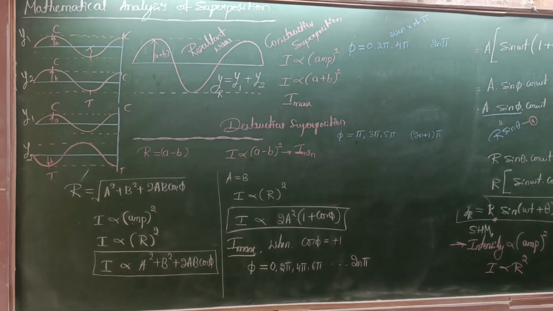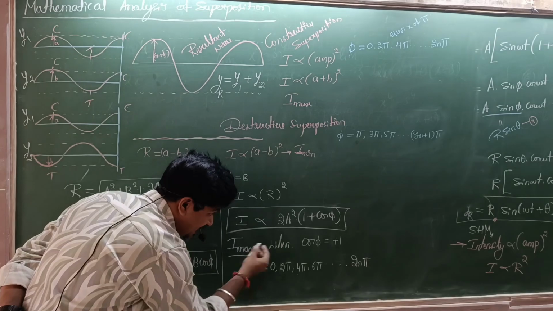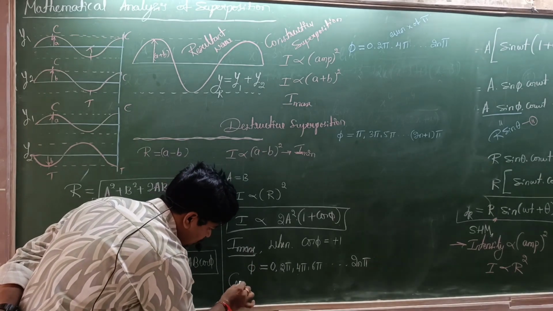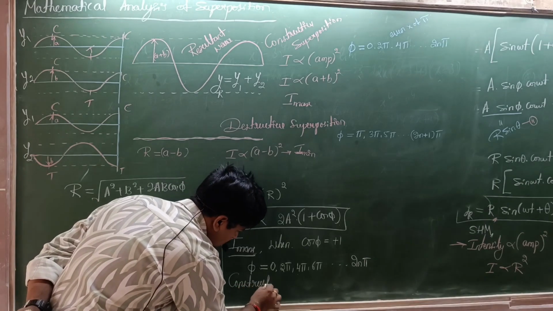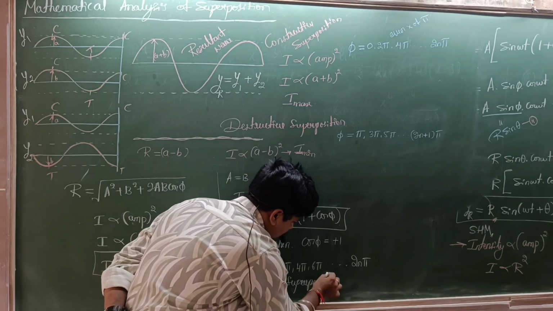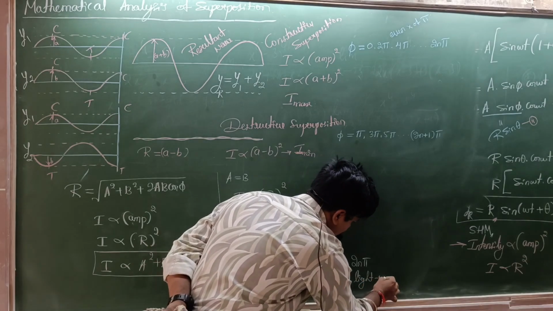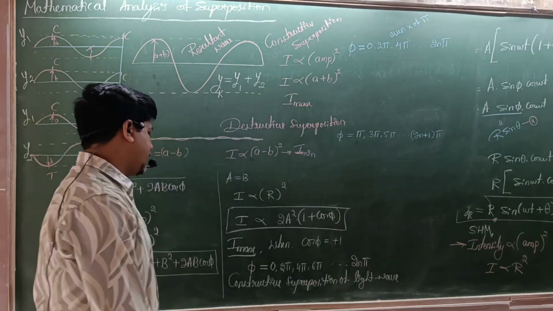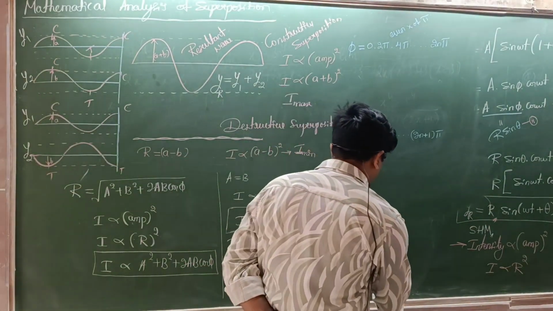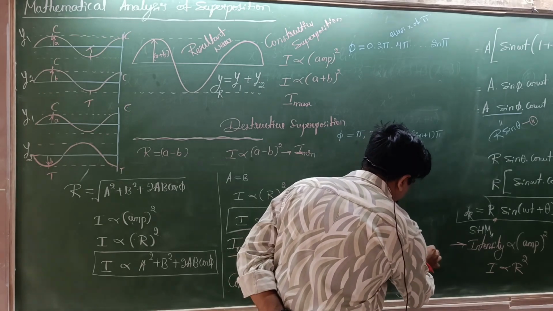Next, what superposition do we call this? Constructive superposition. If we take light waves, we call it constructive superposition of light waves. If the intensity is maximum, then we get a bright region, a bright point on the screen.